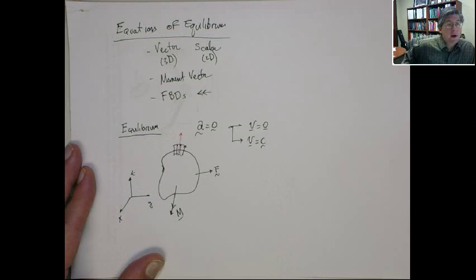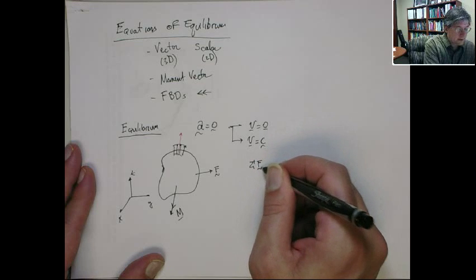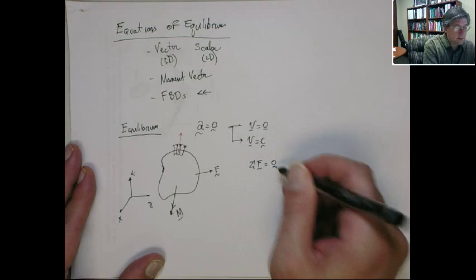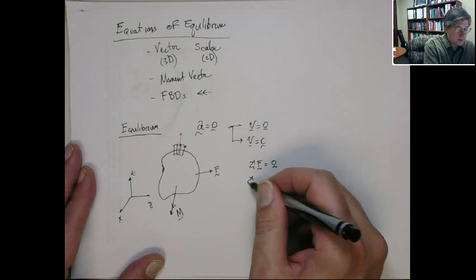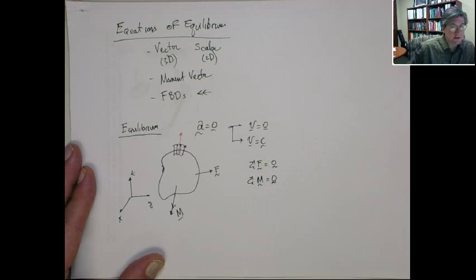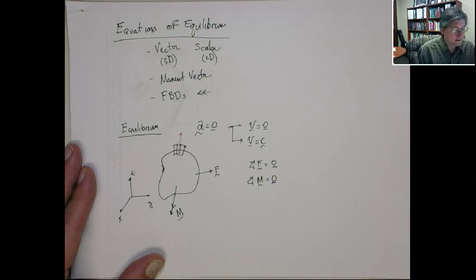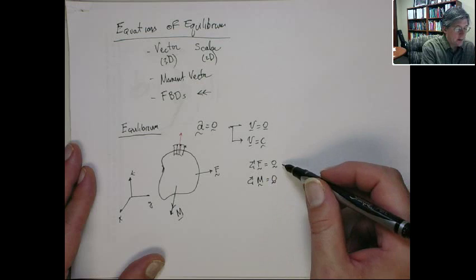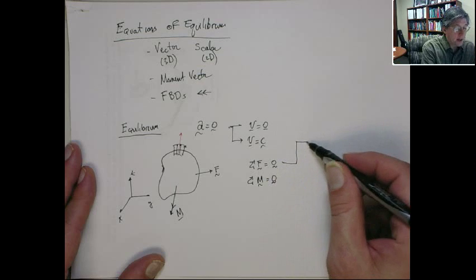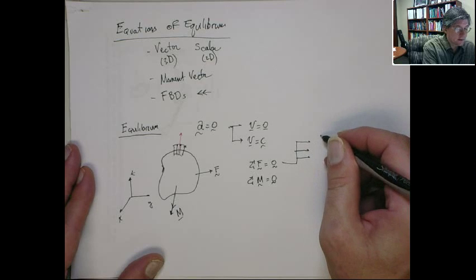And the equilibrium equations are two vector equations. First one is the vector sum of forces is equal to 0. And the second one is the vector sum of moments. All right? So I put the little wiggle under here to denote that it's a vector equation. Now, that implies 3 scalar equations.